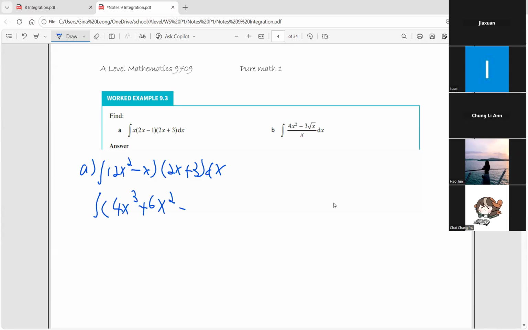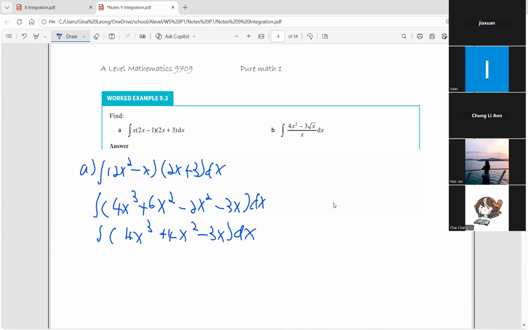Then here minus 2x squared minus 3x, dx. Still can simplify. While you're simplifying, this one you still need to put, because I haven't done integration yet. So that's why I still need to write the integration symbol.